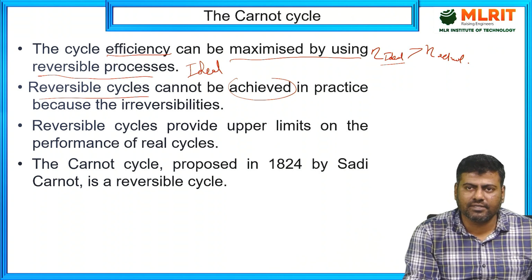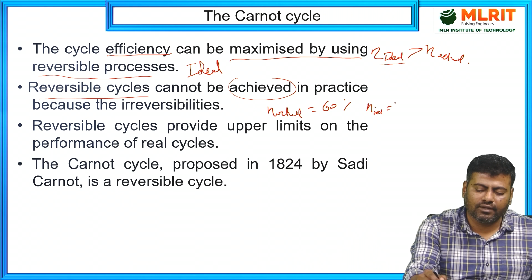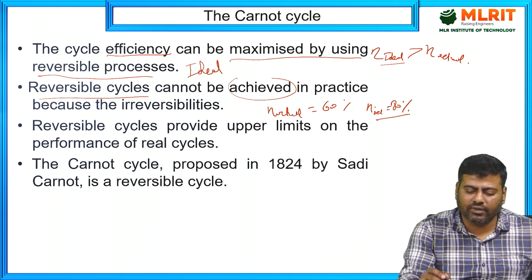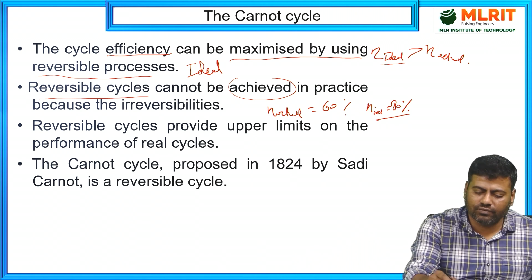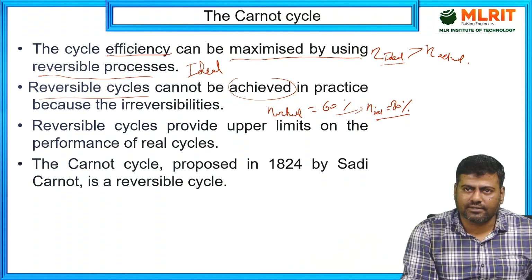Upper limits in the sense that, for example, if in the actual case I got eta of actual equal to 60% and eta of ideal equal to 80%, this provides the upper limit. Even though we can't reach 80%, we can improve the actual performance from 60 towards 80%.